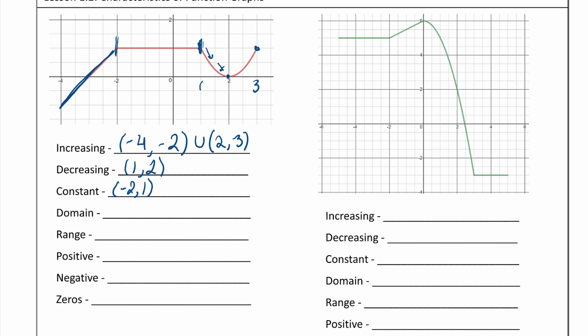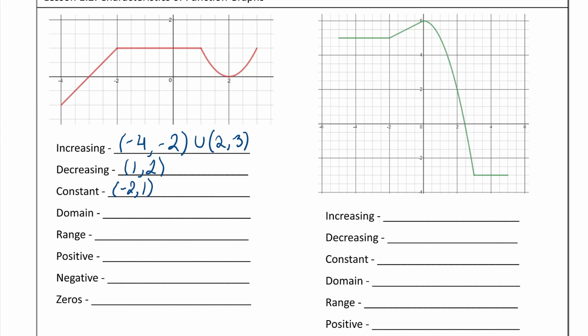So we use that U, and we could end up with multiple parentheses for our intervals depending on just how wiggly our graph is. So if you were using the book that I used for this for Algebra 2, increasing, decreasing, and constant is likely to be a new thing that you haven't really done much with before, but domain and range is something we've seen before.